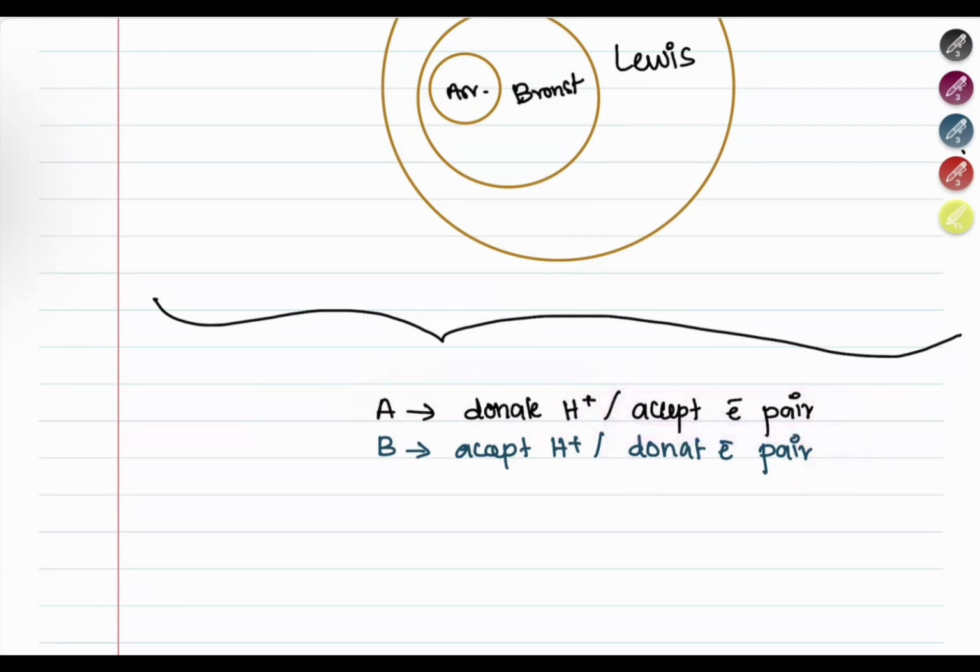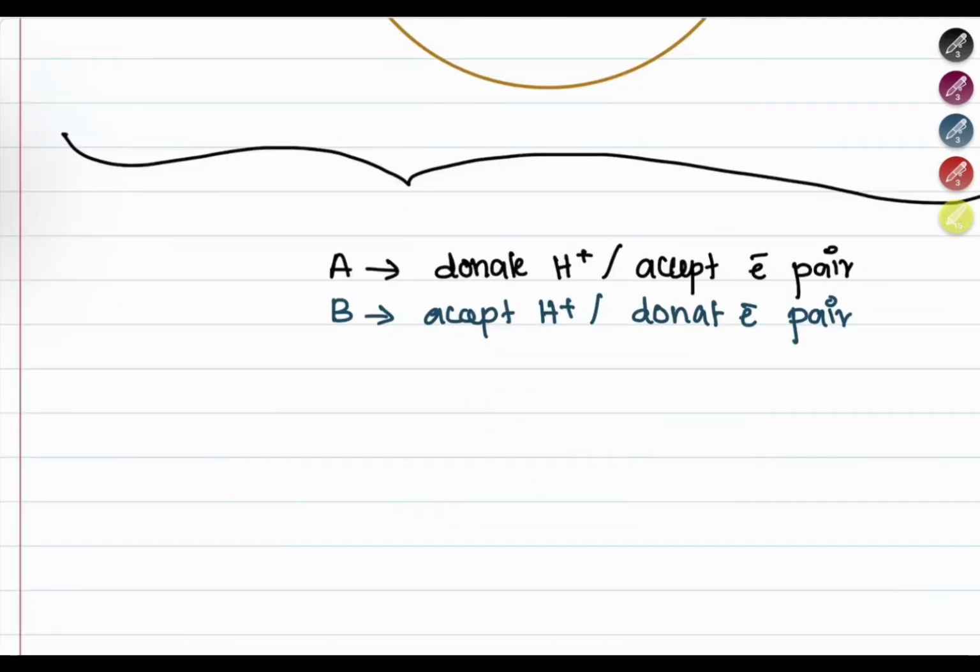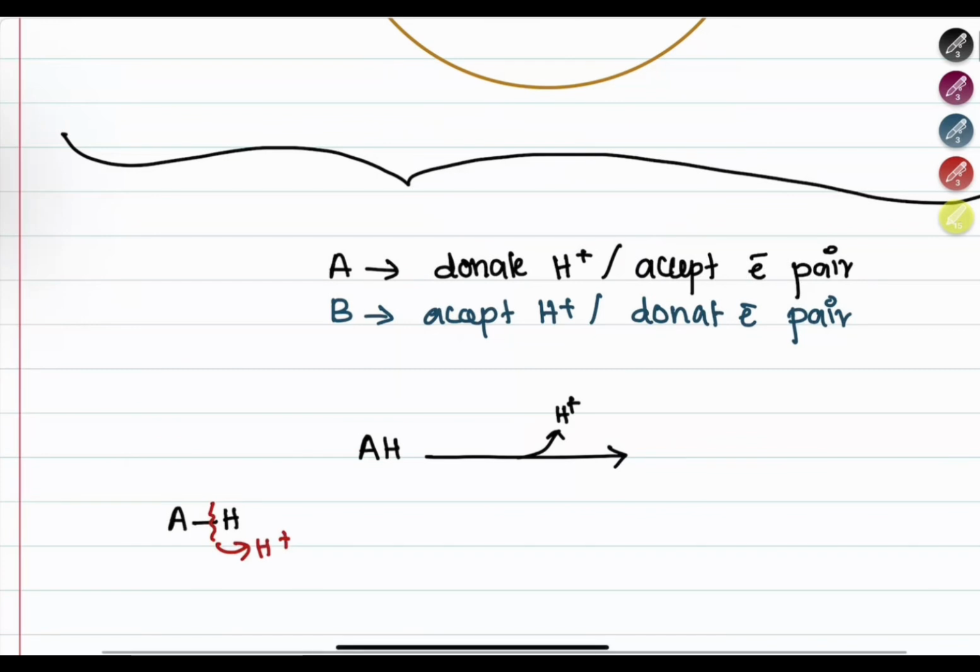Okay. So now we'll explain two terms. Here I am taking an acid, HA. An acid is a substance which will donate H plus. So there is a hydrogen in our molecule, that is an acid molecule. Suppose this acid is losing an H plus. So what will we get? There is an H-A bond in our molecule, and this bond is breaking and H plus is leaving. If H plus is leaving, that means the bonding electrons are moving to A. So in that case, we'll get A minus.